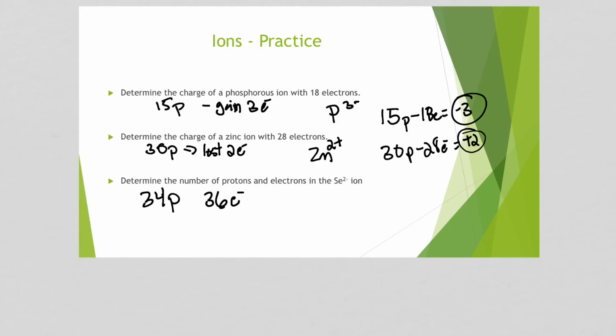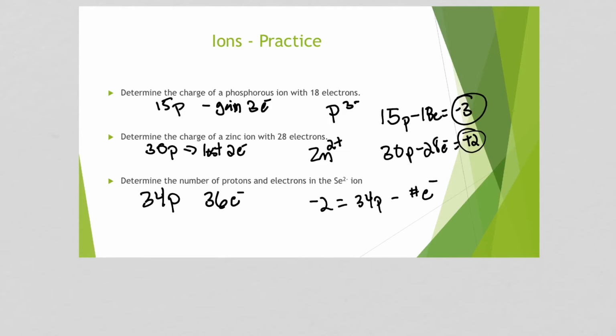So we have minus 2 equals 34 protons minus the number of electrons.